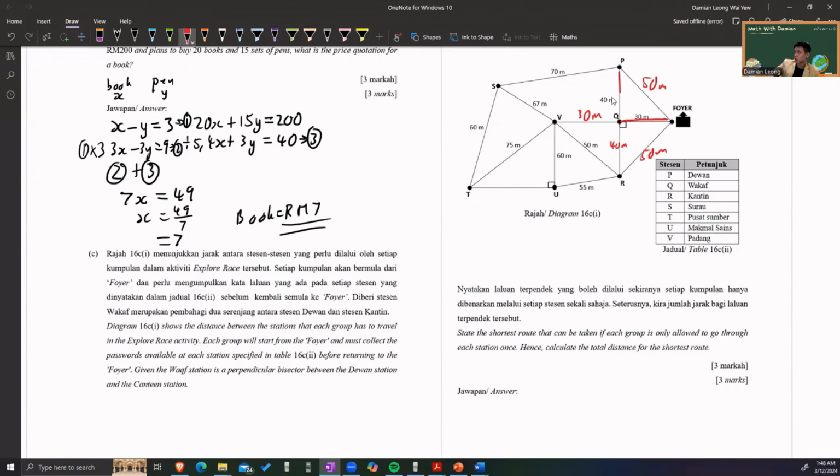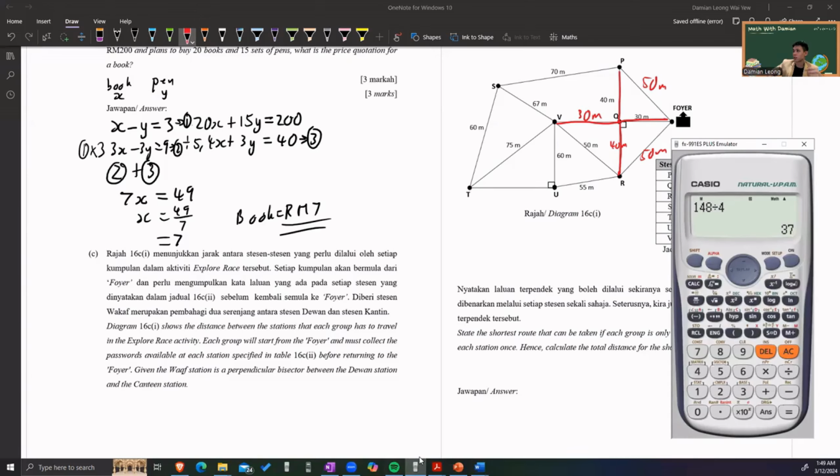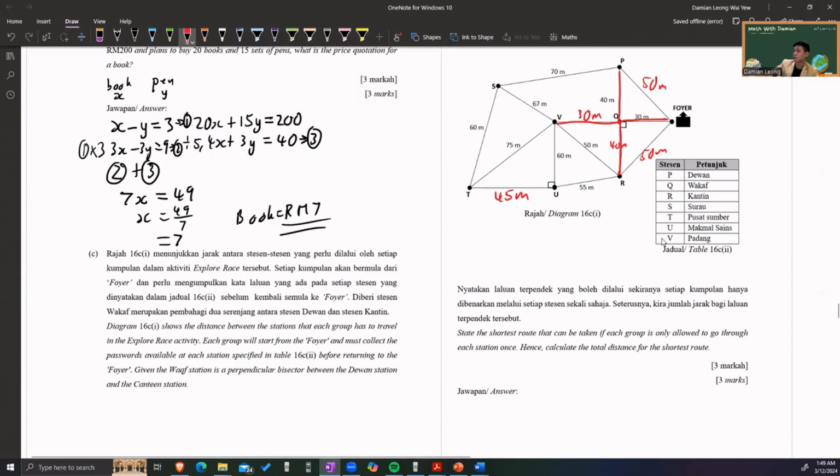So if I just form a tree with the lowest weightage connecting towards each of the vertices, let's find here, 75 square minus 60 square, and then square root. 75 square minus 60 square. 45. This is 45 meters.